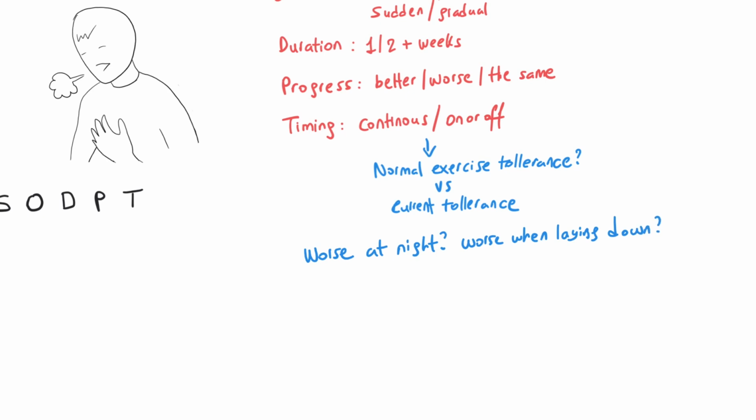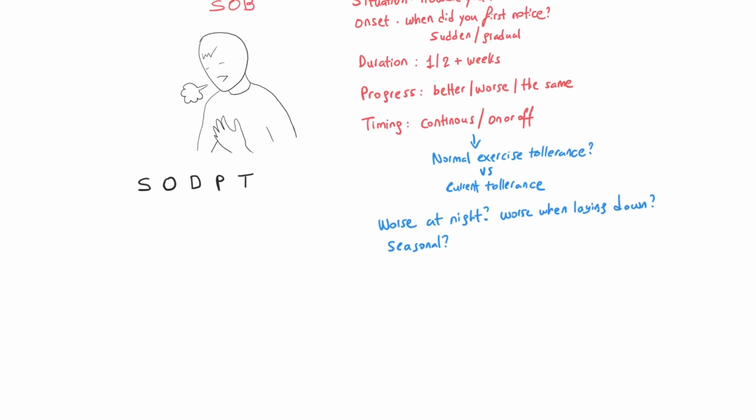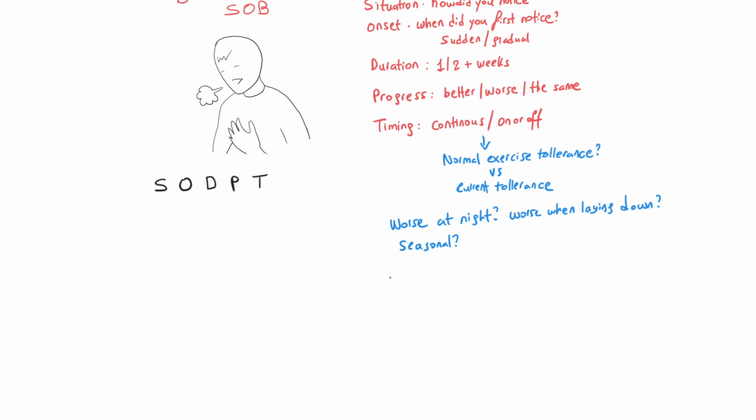And does this happen every season? So you can say seasonal, obviously winter being the common time for patients to be short of breath. Then you can ask some extra questions, which are general questions.